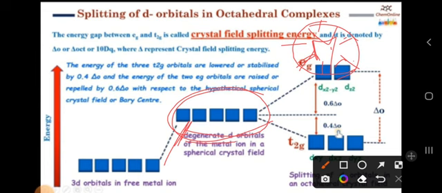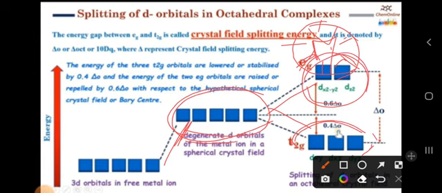Degenerate means same energy. Then afterwards it is going to split into two types of energy, that is Eg and T2g. Eg is having high repulsive forces and T2g is having less repulsive forces. Why? Because it is present along the axis.